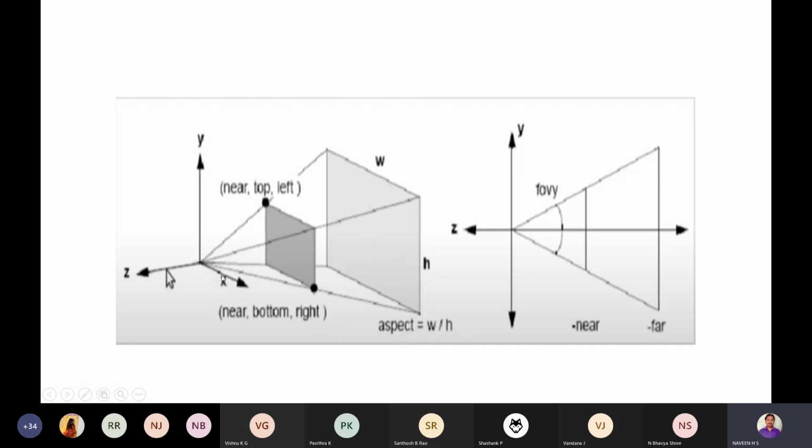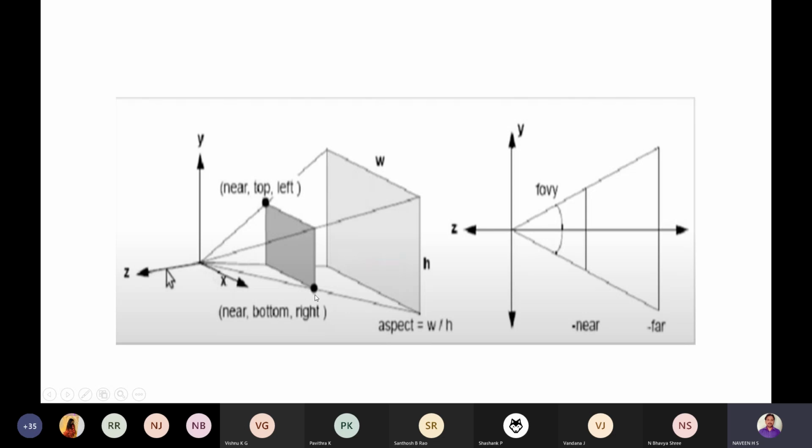Okay, so this is what the X, Y, Z axes, your projection plane, aspect ratio, and the diagonal, opposite vertices we have considered, and the corresponding values, how you are going to choose them in order to mark this point: near, top, left. Near is with respect to this, so this will be the near, this distance, and this will be top, and again left side.